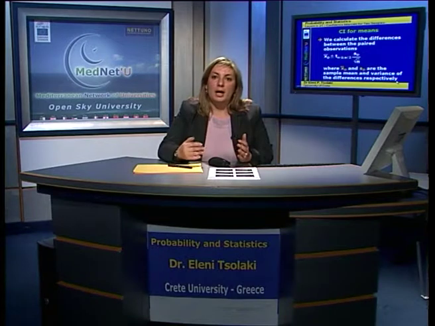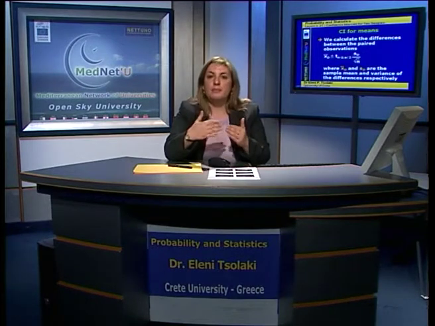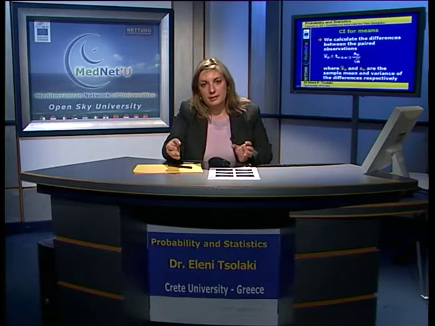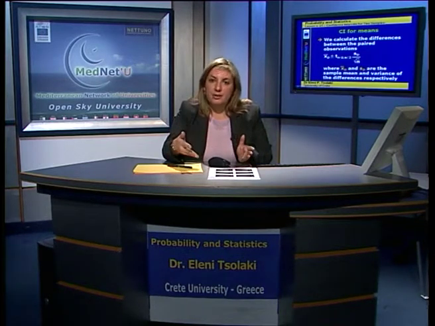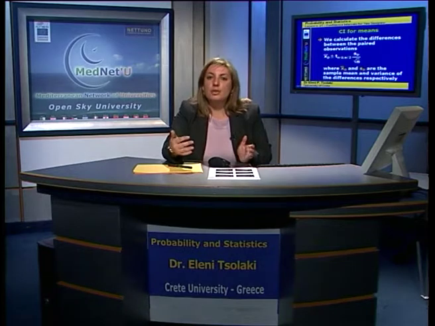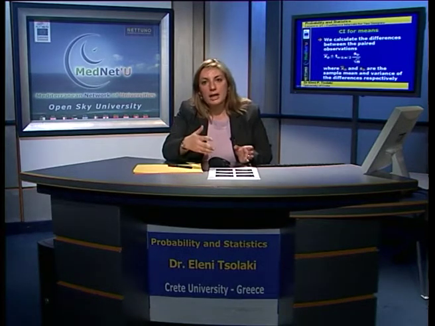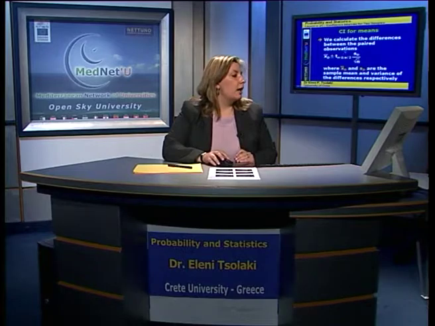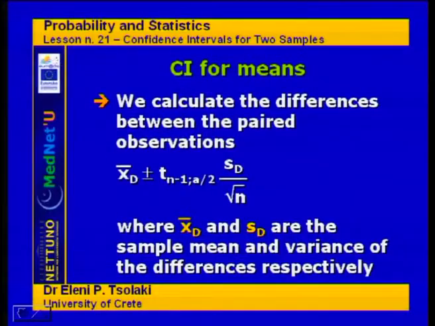Now we take the difference between the values, and that's a new data set, which is our differences. For this new sample we can calculate the sample mean and the sample standard deviation, and use this formula in order to calculate the confidence interval for the difference of the means.